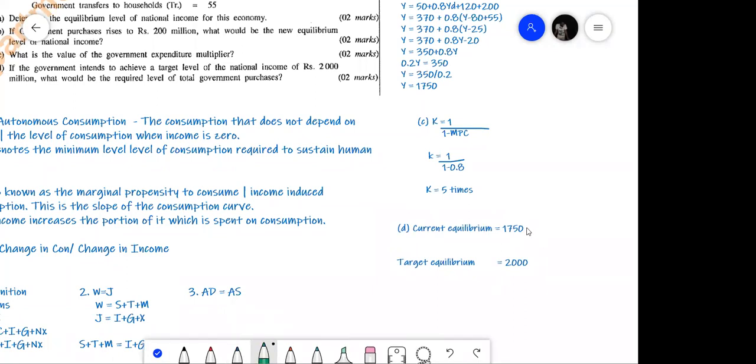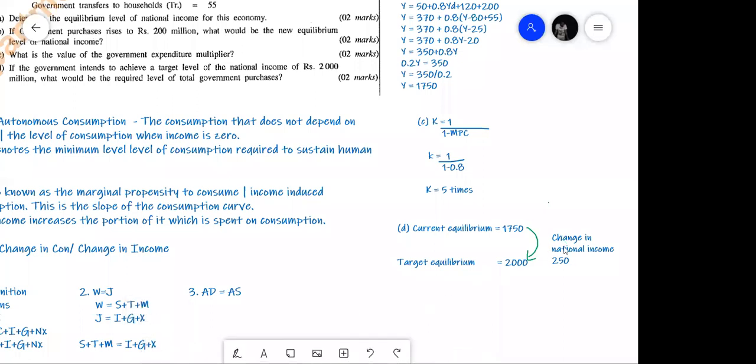We need a change of 250. That's not your answer. National income has to change by 250. So for your national income to change by 250, by how much should your government spending change?